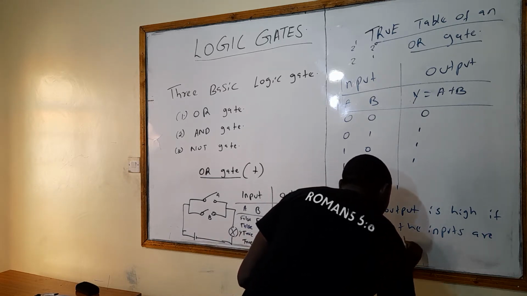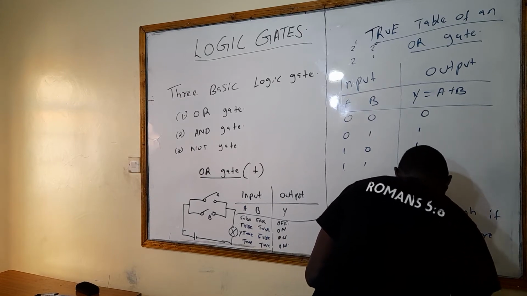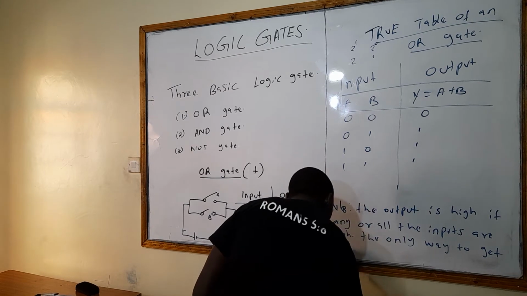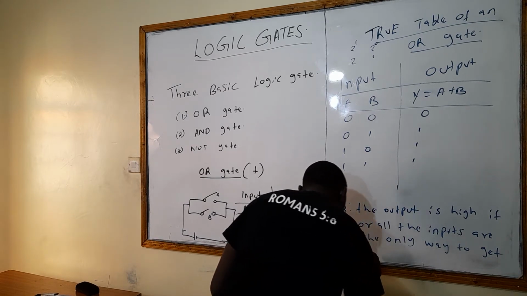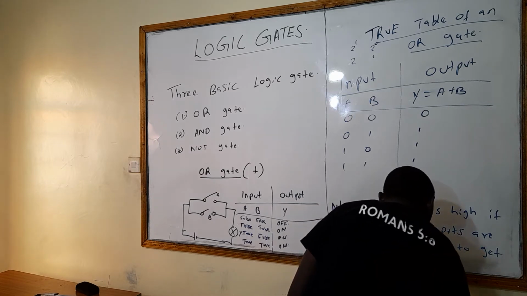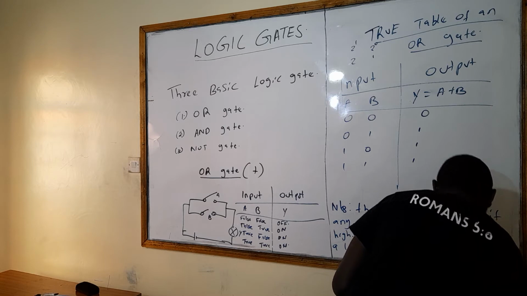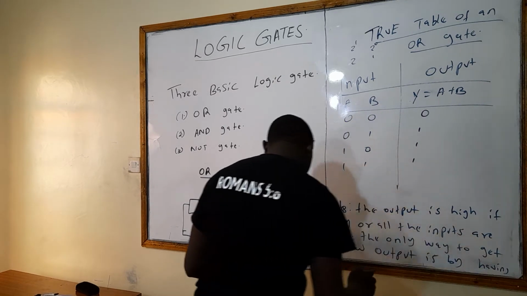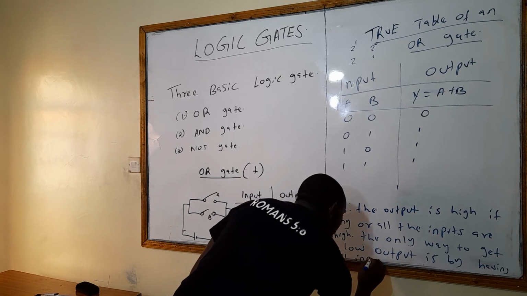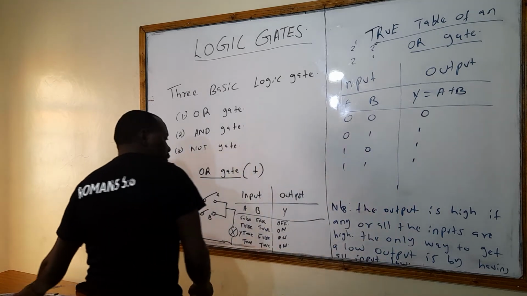The only way to get a low output is by having all inputs low. So this one is an OR gate.